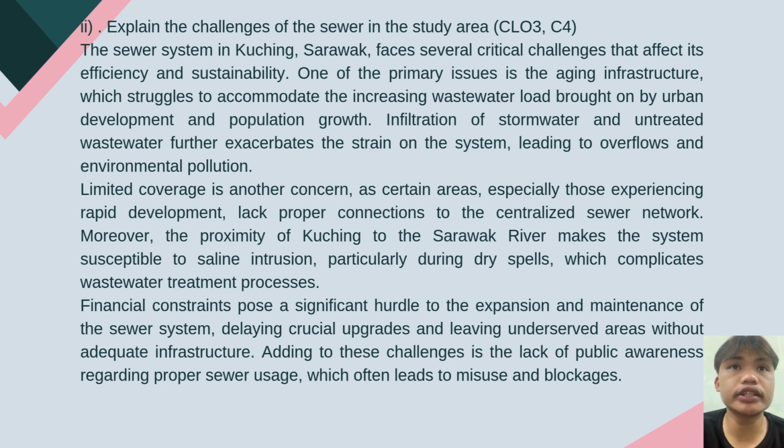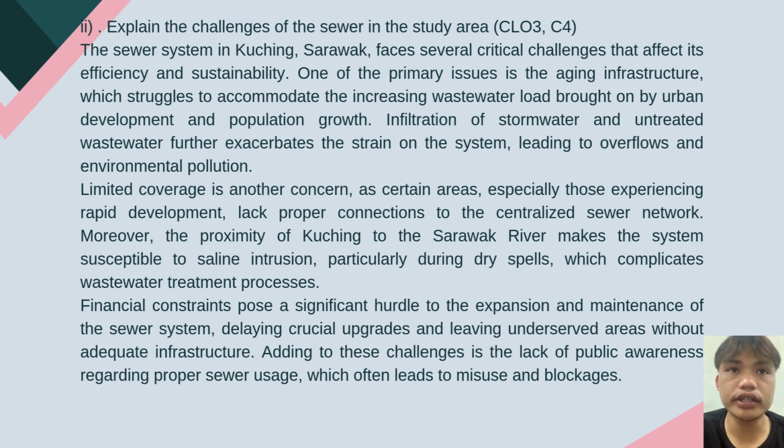2. Explain the challenges of the sewer in the study area. The sewer system in Kuching, Sarawak faces several critical challenges that affect its efficiency and sustainability. One of the primary issues is the aging infrastructure. It struggles to accommodate the increasing wastewater load brought on by urban development and population growth. Infiltration of stormwater and untreated wastewater further exacerbates the strain on the system, leading to overflow and environmental pollution.